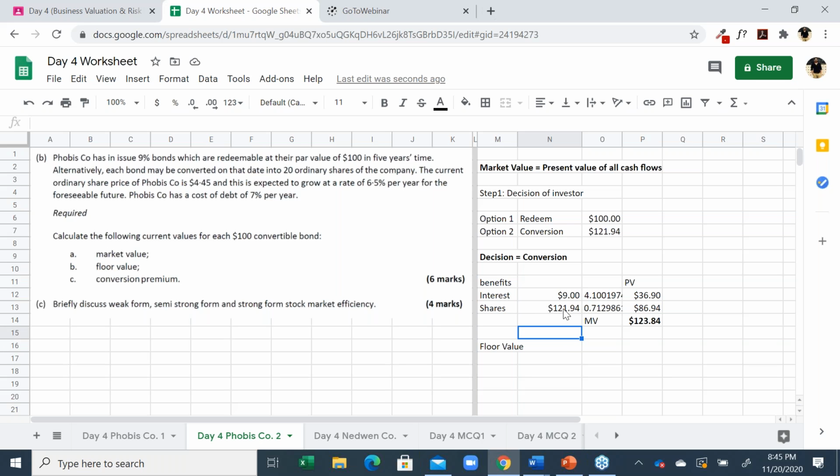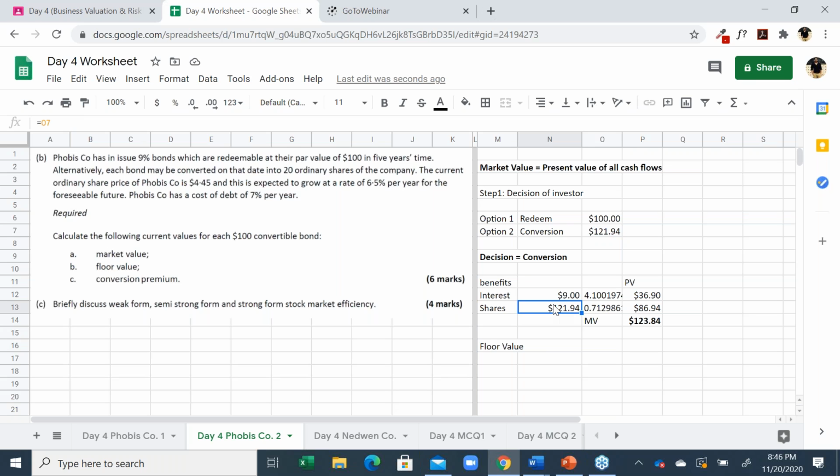The problem is that here we expect that the share price will grow, and it will grow to 121.94, and that is why we have assumed that the investor will not redeem it, rather the investor will be converting it.